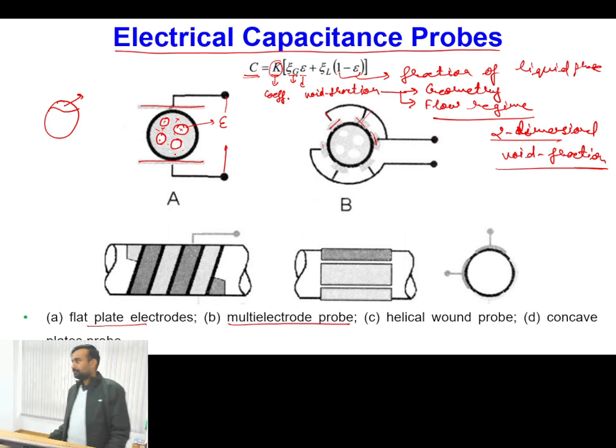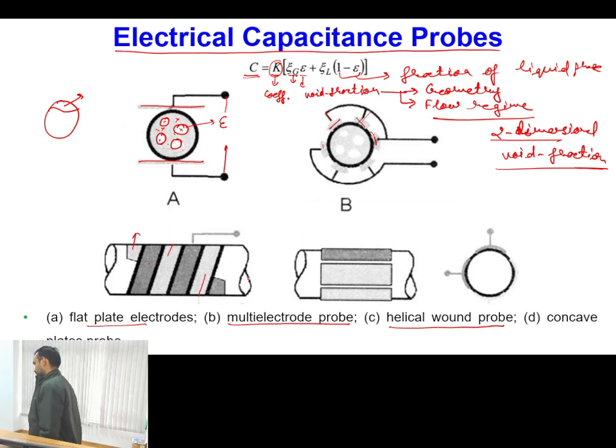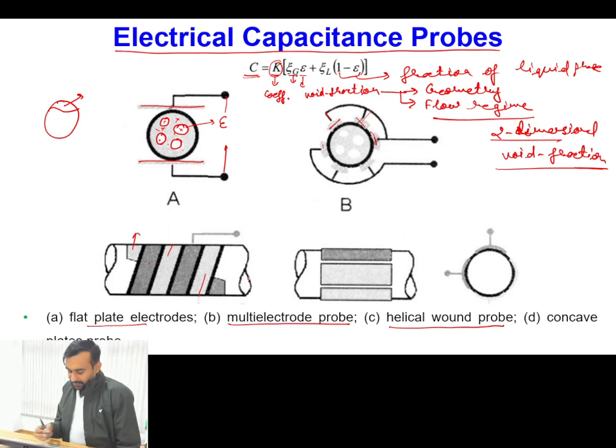Is this one clear? Now, the third arrangement could be a helical wound probe. In the case of the helical wound probe, this light gray color represents one type of electrode, and the dark gray color represents the other type of electrode. And these are wound on the pipe along a certain length of the pipe.